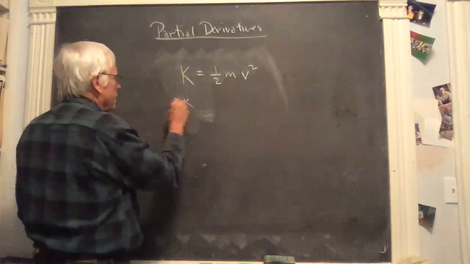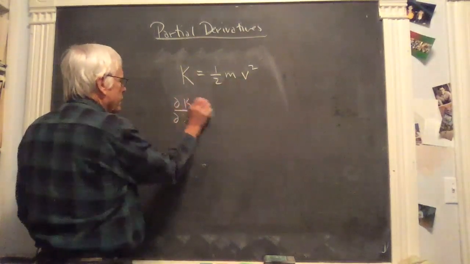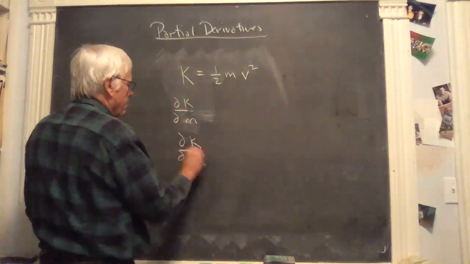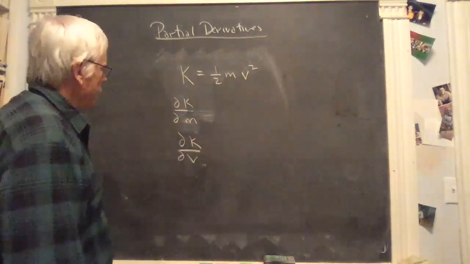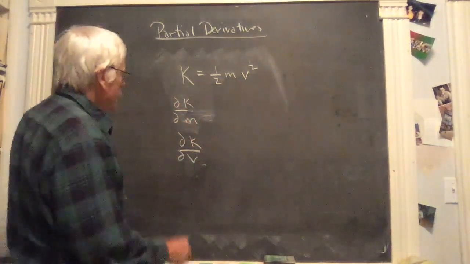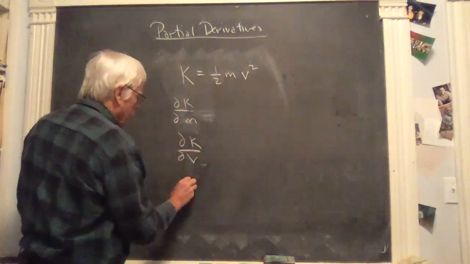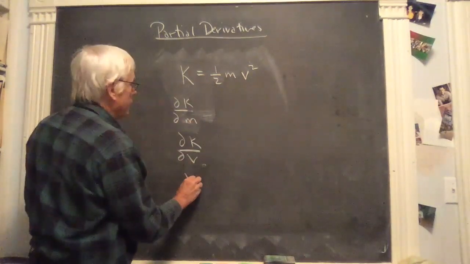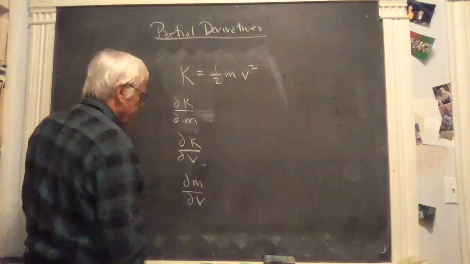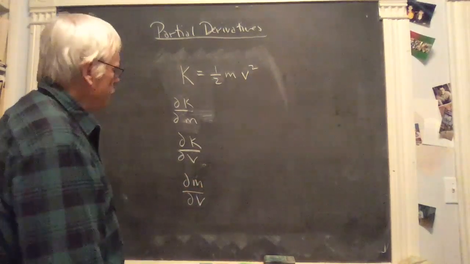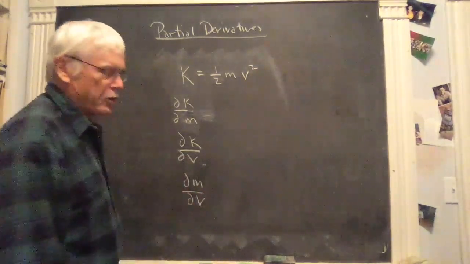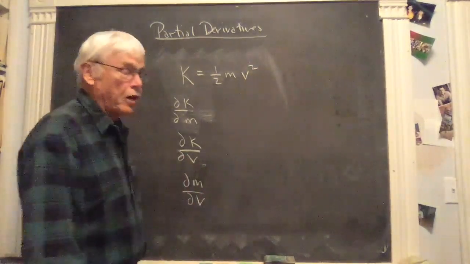So finding these two values is pretty easy. It's just like the ones we were doing. You don't normally think of m as a variable here, the mass, but we can take the derivative, say, of m with respect to v. And I thought I'd show how to do this, because using implicit differentiation is easier than solving for m.